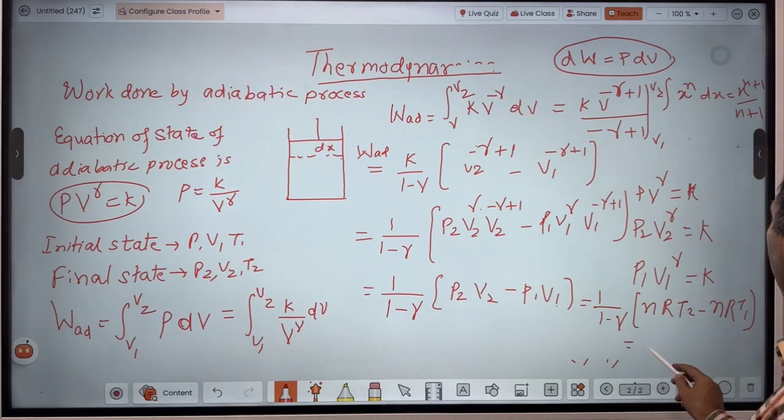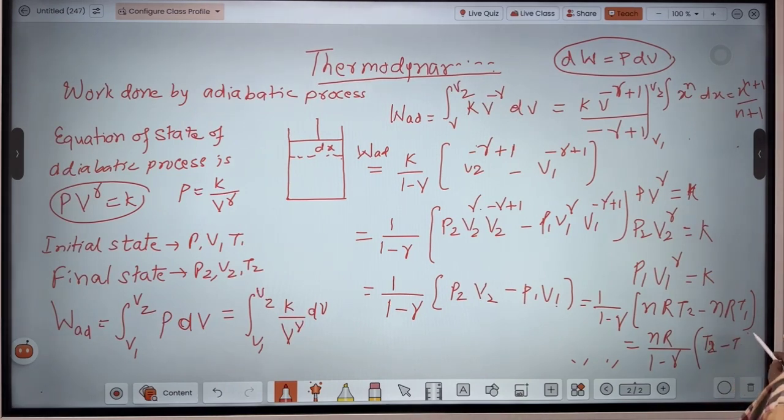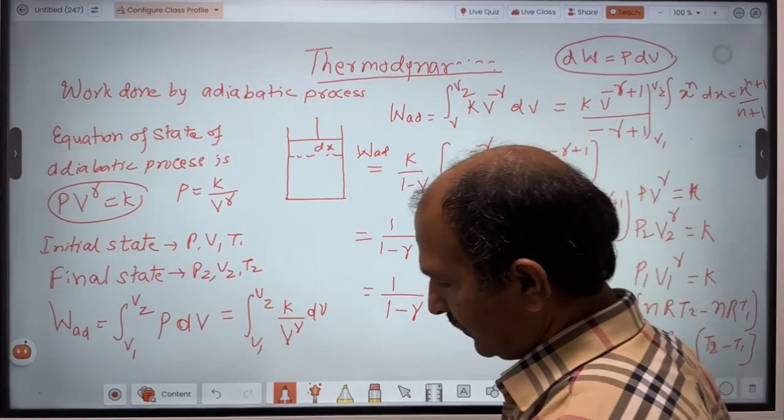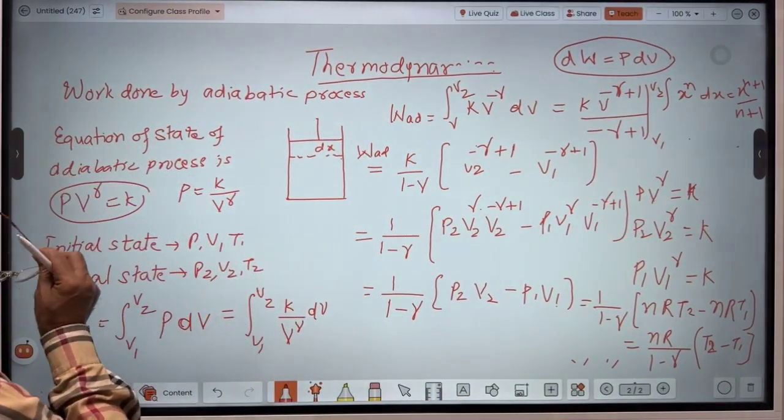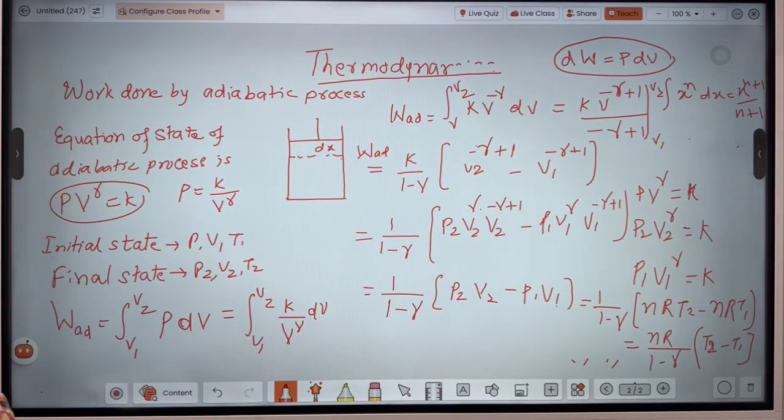So nR can be taken common. So nR divided by 1 minus gamma, T2 minus T1, right? So this is work done by adiabatic process.